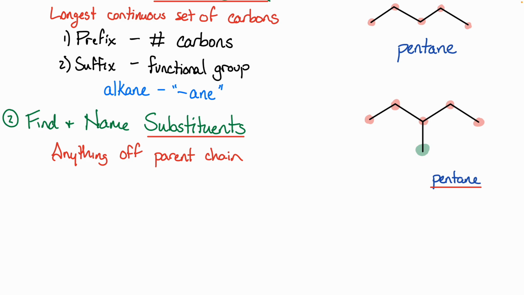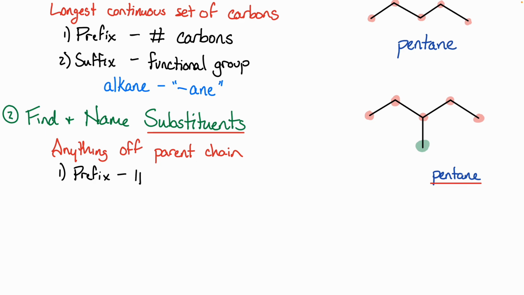Okay, how do we name our substituents? We're going to use the exact same prefixes that we did before, indicating the number of carbons. And I guess I should say that this is going to be specific to alkyl substituents, alkane substituents. Again, carbons and hydrogens, only single bonds.